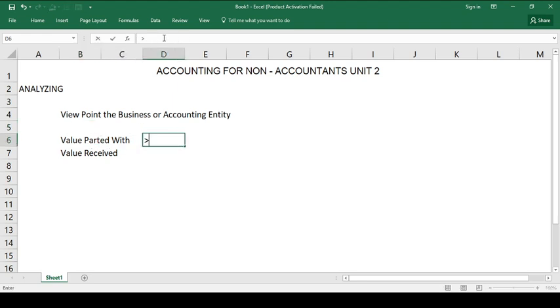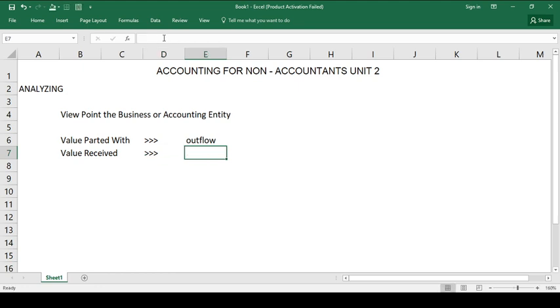Sometimes, most of the students connote the value parted with and value received as the outflow and inflow. Yung value parted with, ano po ba ang lumalabas sa business? Anong resources yung lumalabas, ano ang nababawasan sa business?